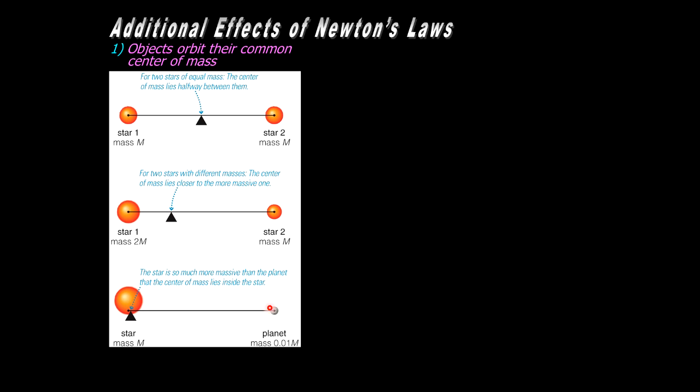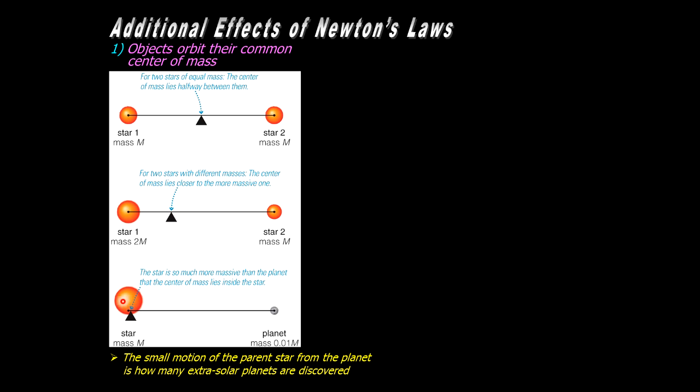The planets are much less than 1% of the mass of the whole solar system, in the case of our solar system. And in fact, even with planetary systems, they orbit the center of mass.